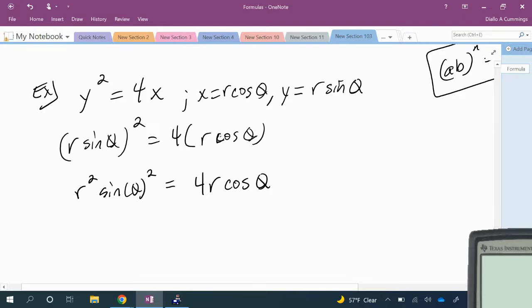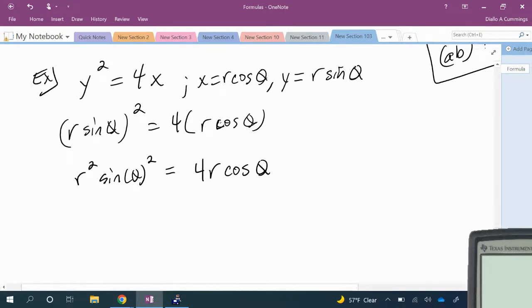In solving for r, we need to put r on the same side of our equation. If I look on the left-hand side, I have r squared times sine squared theta. On the right-hand side, I have 4 times r cosine theta. I'm going to move my r's to the left-hand side. This is how I'm going to do it. I'm going to divide both sides by r. I'm going to divide the left-hand side by r and the right-hand side by r.